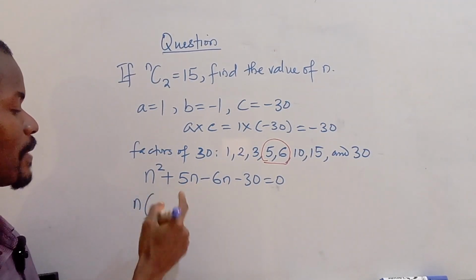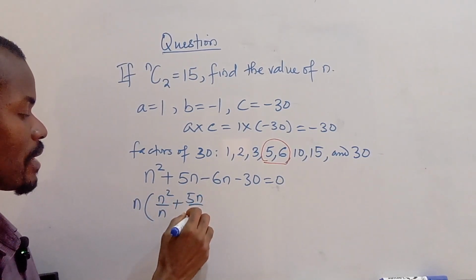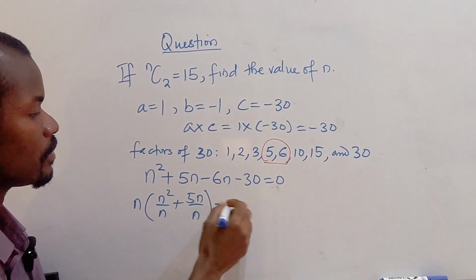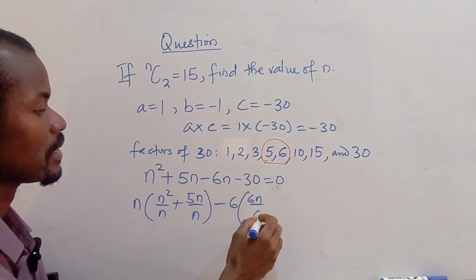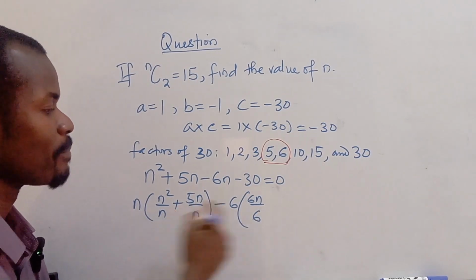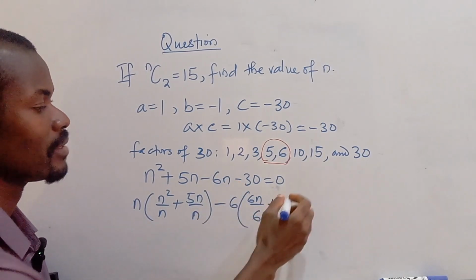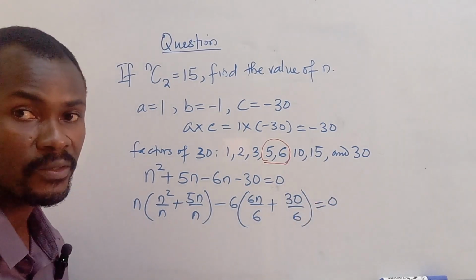Divide this by n and this by n, so I have n squared divided by n plus 5n divided by n. Now for this, what is common? Minus 6 is common, so I have 6n divided by 6. Since we have plus here, this should be plus, so that minus times plus will give us minus. So I have 30 divided by 6. All this is going to give us 0.